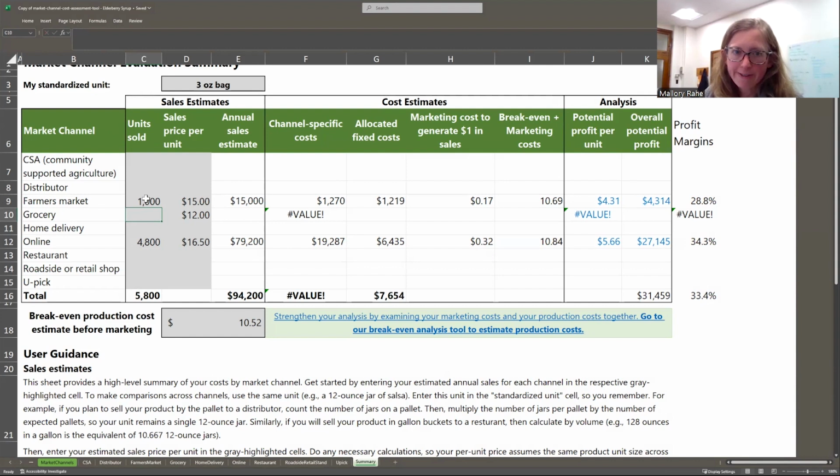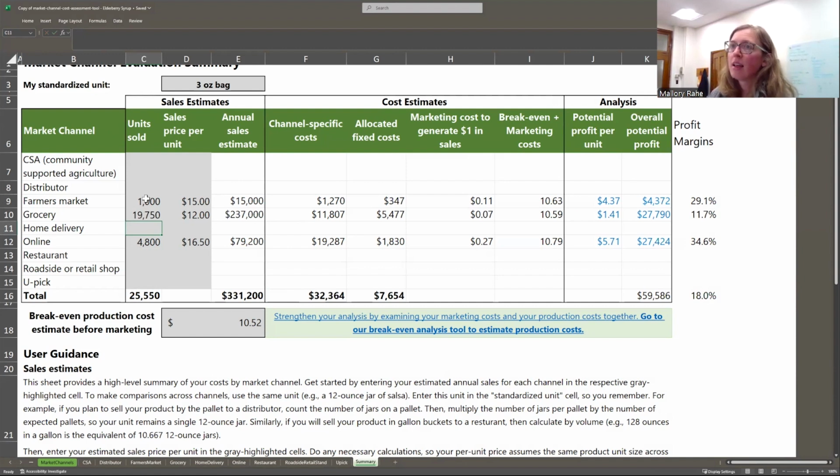So, what if I sell 19,000 units? That's what it takes in order to generate roughly the same amount of profit from grocery sales as from my online market, because I'm just giving up so much of the margin to the retailer.